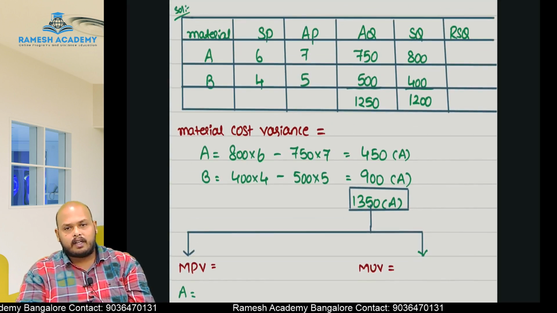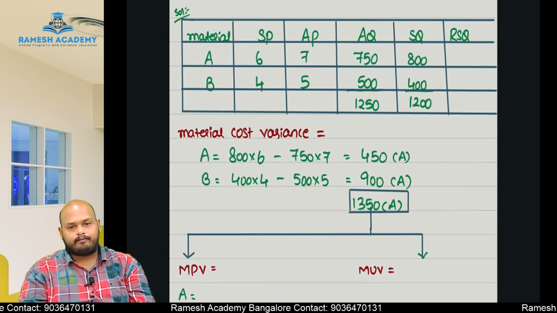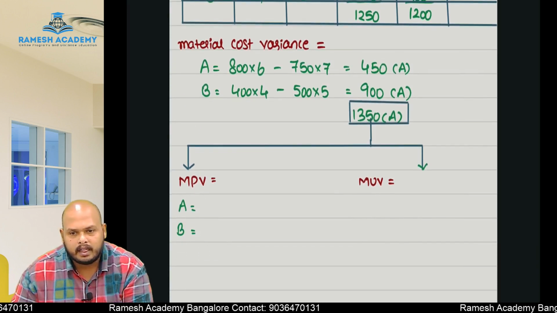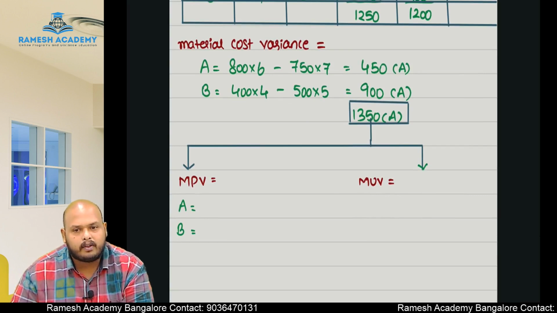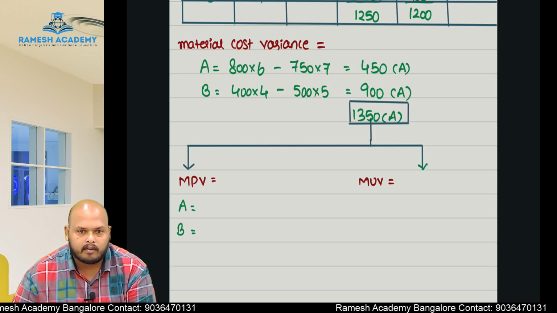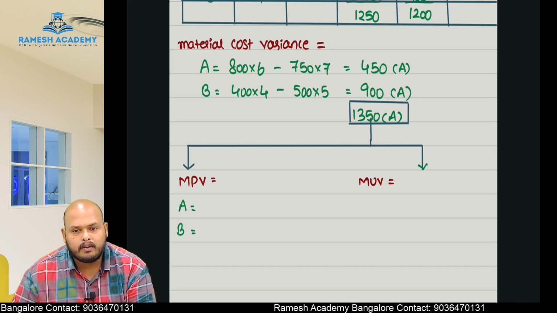One is actual quantity, one is standard quantity. Due to which quantity will the real impact be there? This 1350 adverse which we got is due to standard or actual? The impact will be there due to actual only.